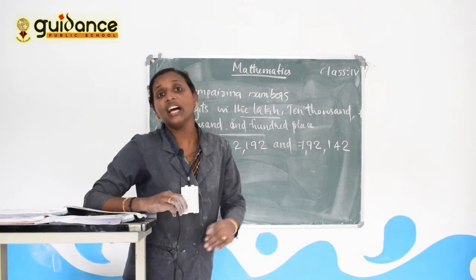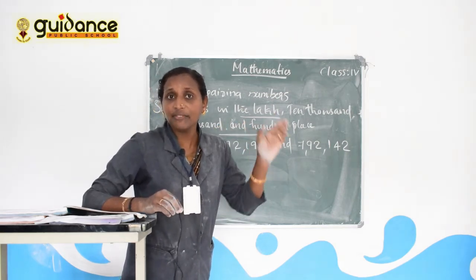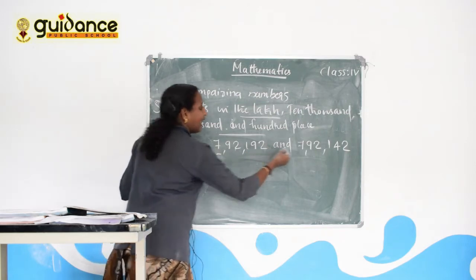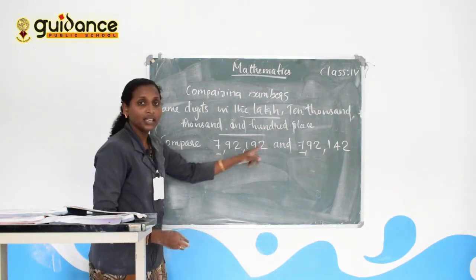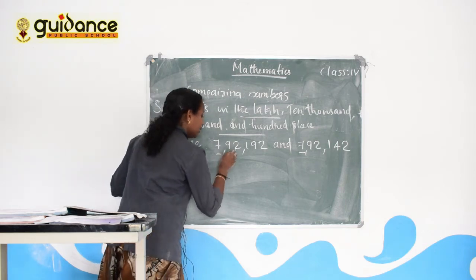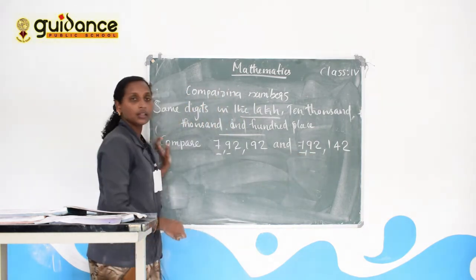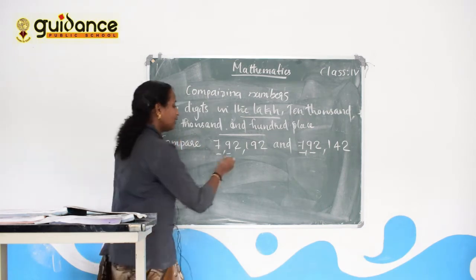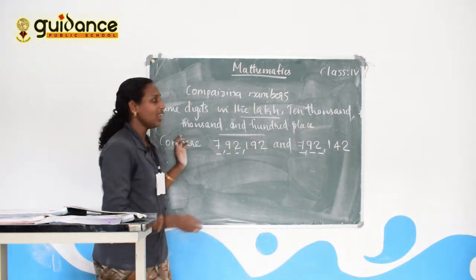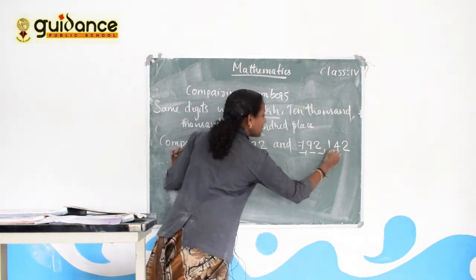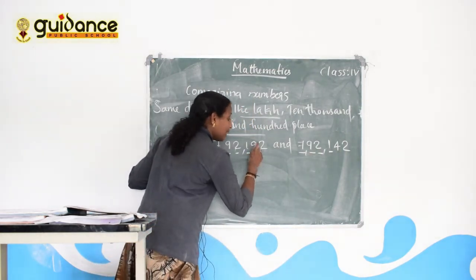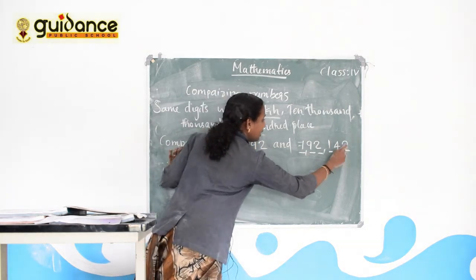We compare each digit starting from the extreme left. This is the lakh place. Both are equal. Then the 10,000 place is equal. Then the 1,000 place is equal. The next, 100 place, is equal. That means next we go to the 10th place, which is different.